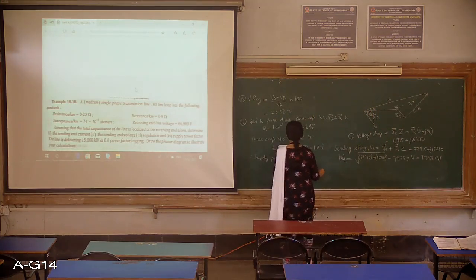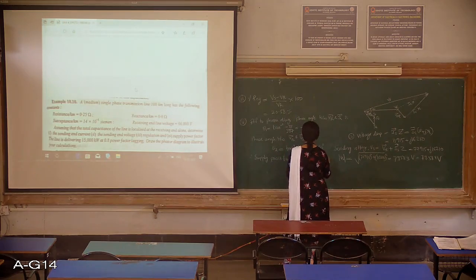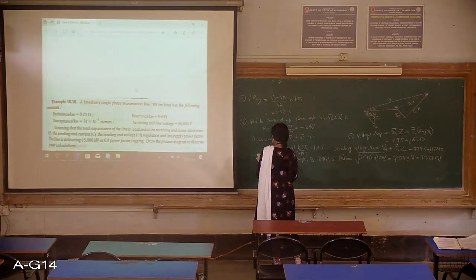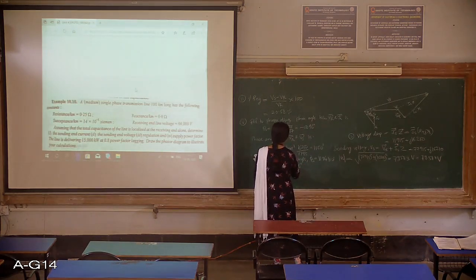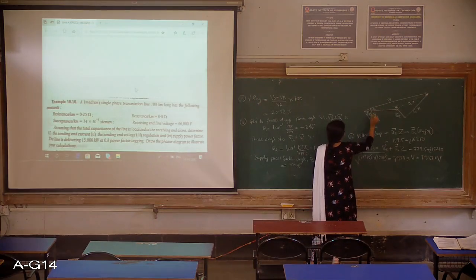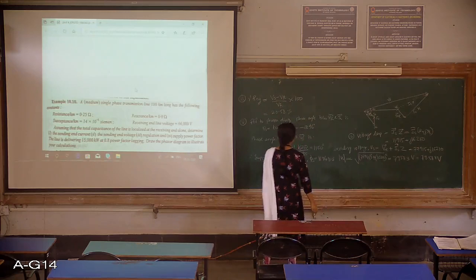So phi s will be 18.96 plus 11.50, which comes out to be 30.46. I hope you understood what we have done here. It is this angle and this angle that we have calculated.